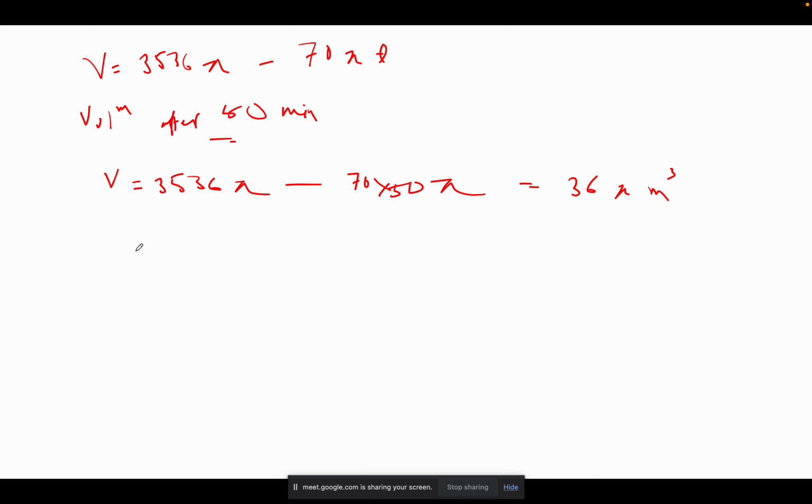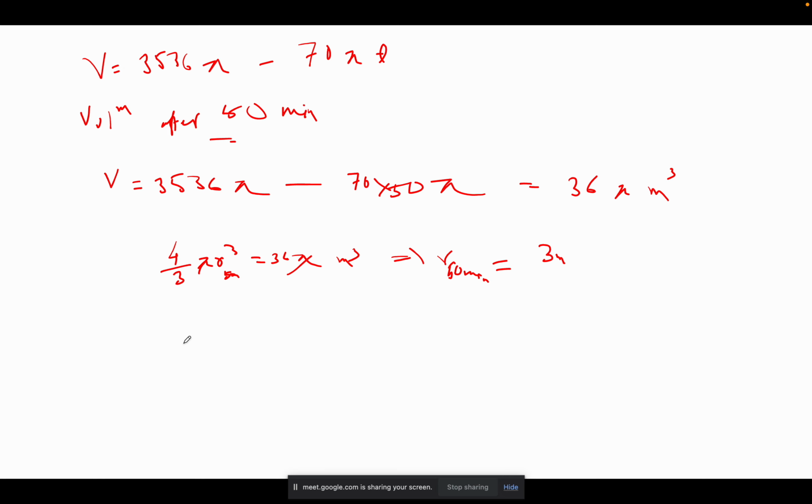Okay, so now again that means we can calculate the radius. So 4 by 3 pi r at 50 minutes, yes or no, cube will be equal to 36 pi meter cube. So I am cancelling this pi, so from here I will get r at 50 minutes is equal to what? 3 meter.